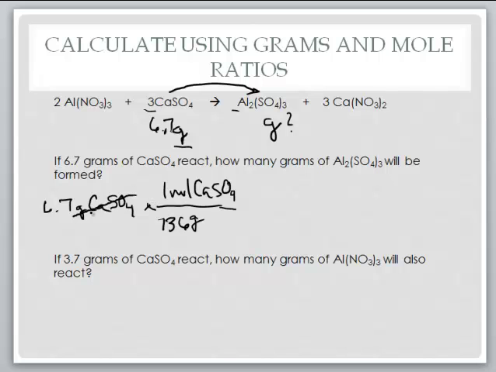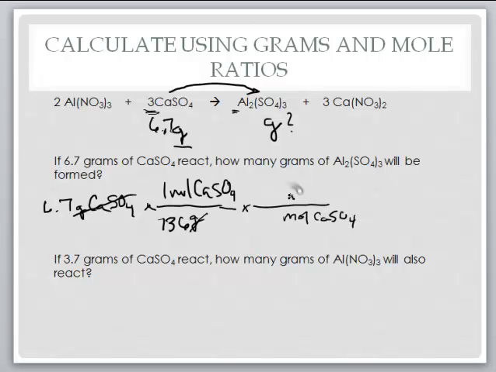Okay, so our grams are going to cancel, and what we have now are moles of calcium sulfate. Well, now we can use that mole ratio to go from the moles of calcium sulfate to moles of aluminum sulfate, and that's what we're looking for. So let's do another conversion. Since we have moles of calcium sulfate in the numerator, we're going to put that in the denominator.